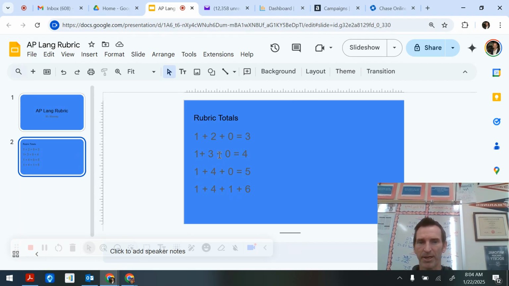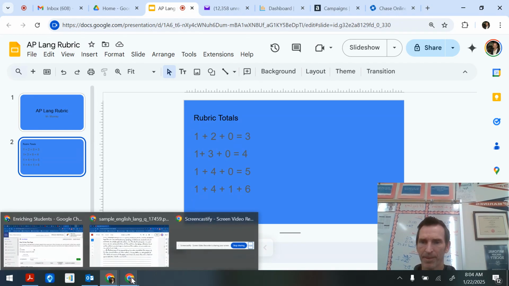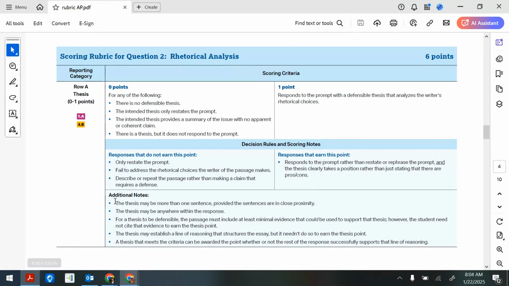Okay, so if you find yourself in your class writing 4s quite a bit, you're probably getting 1 for thesis, 3 for evidence and commentary, and you're not earning the sophistication point. If you go to the rubric, it is pretty clear for the rhetorical analysis, and this is public information.